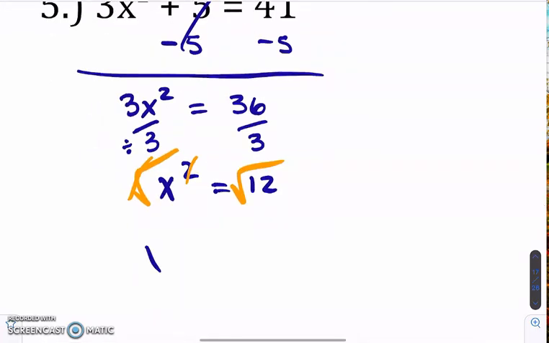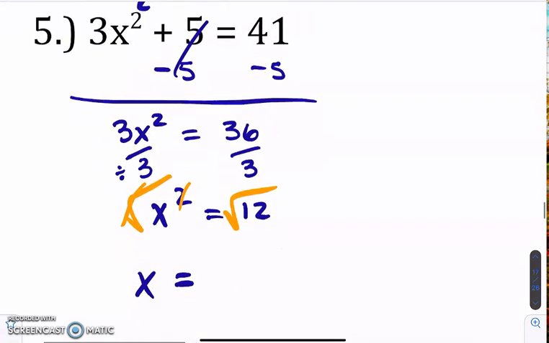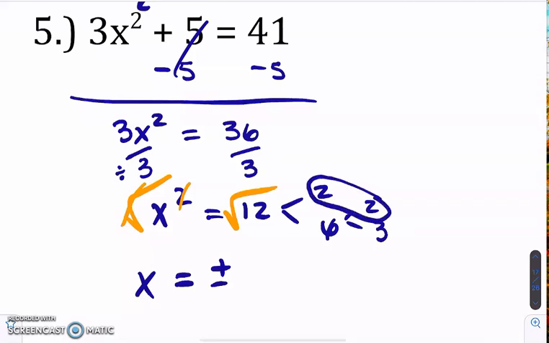So x is going to equal positive and negative whatever the square root of 12 is. We're not going to leave it as that. If we can simplify, we want to do that. So we're going to factor 12. So 2 and 6, 3 and 4. We've got that perfect square of 2 in there, and 3 left.